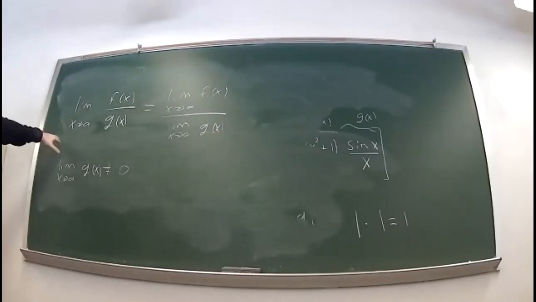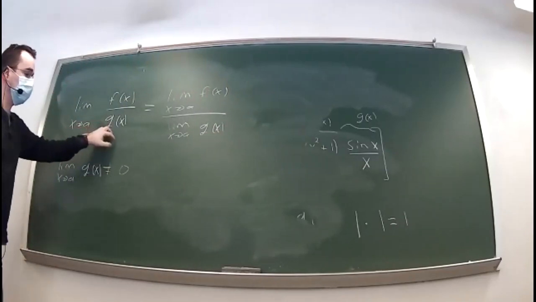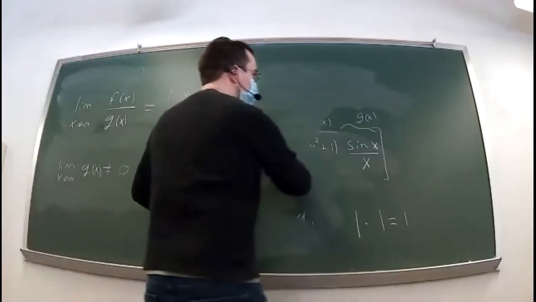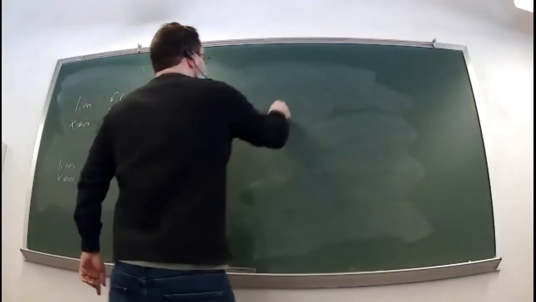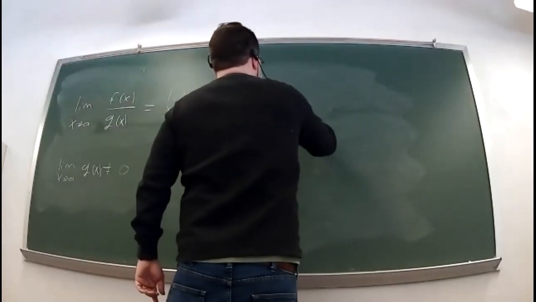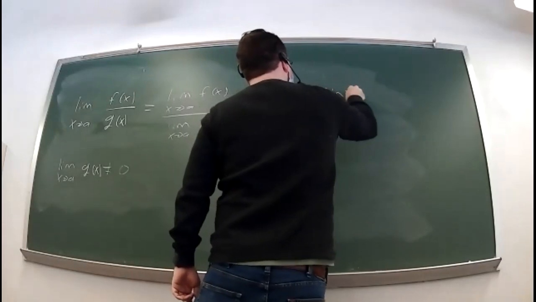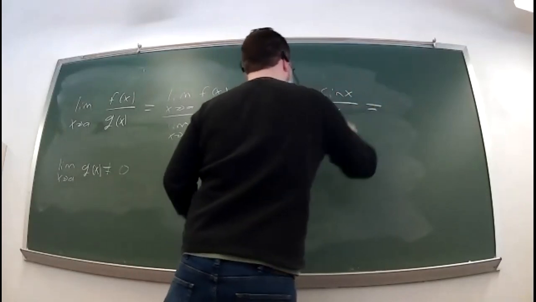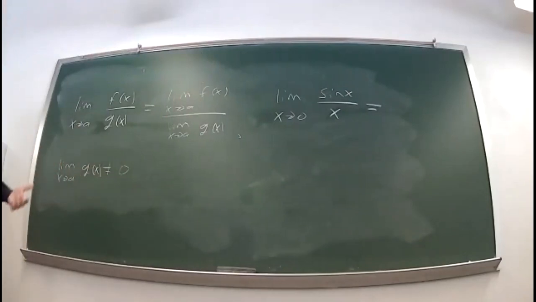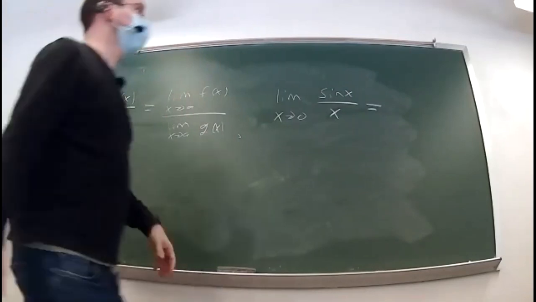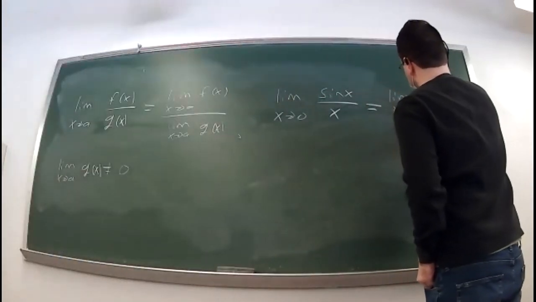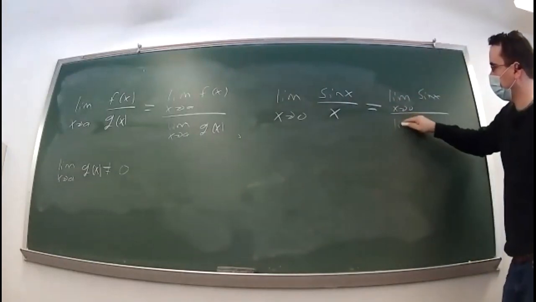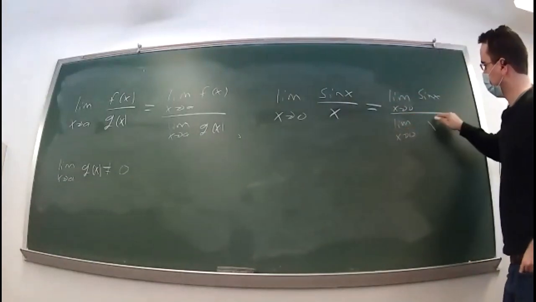So definitely this is not going to be true if the denominator limits to 0. For instance, if you take the limit as x goes to 0 of sine x over x, you definitely can't say that because of the limit laws, this is going to be equal to the limit of sine x as x goes to 0 over the limit of x.